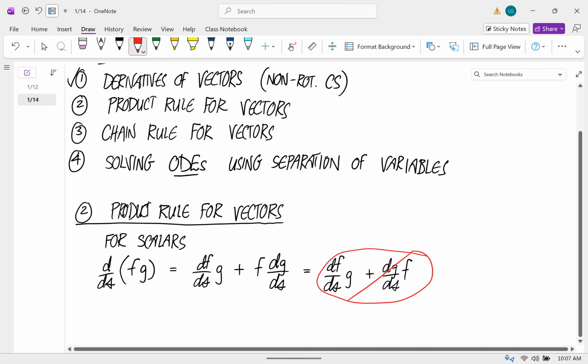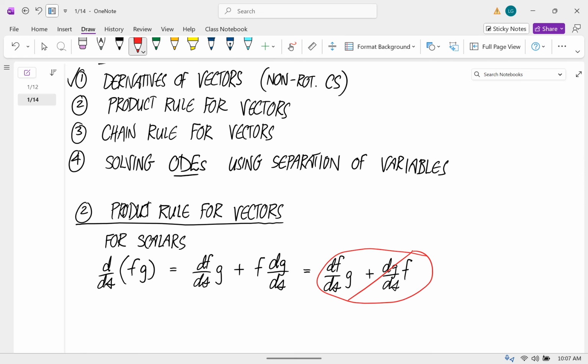Get in the habit of keeping that order the same, and then you don't have to do any extra thinking with vectors. Do you know what I mean? So this is correct, but think about it this way. Keep the order of those variables the same.